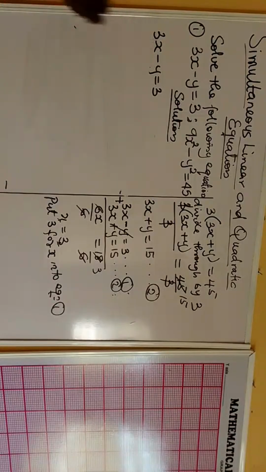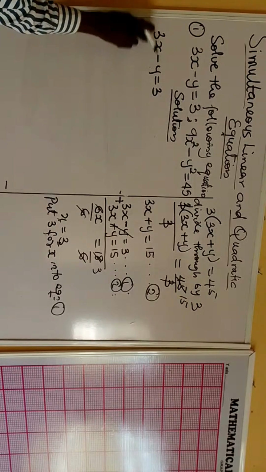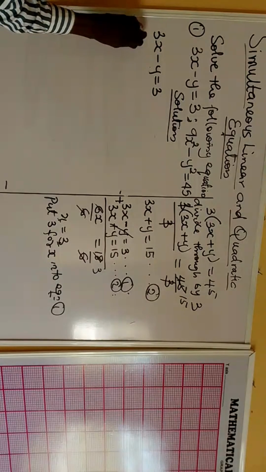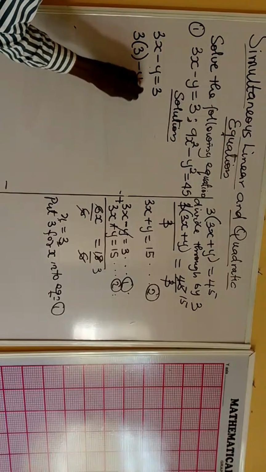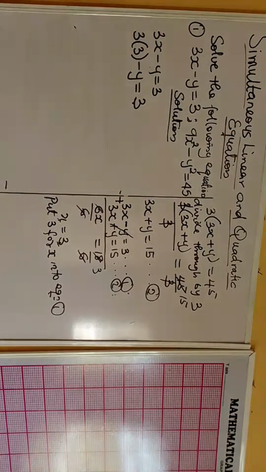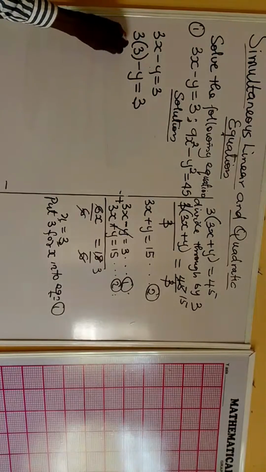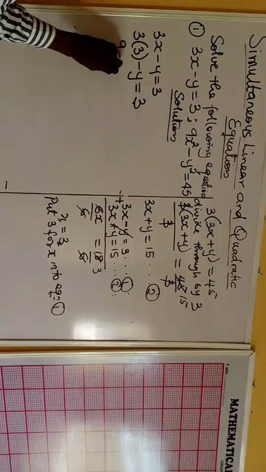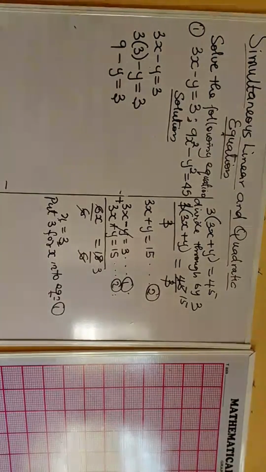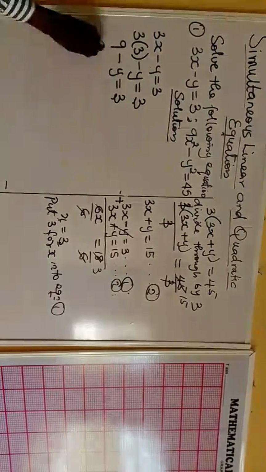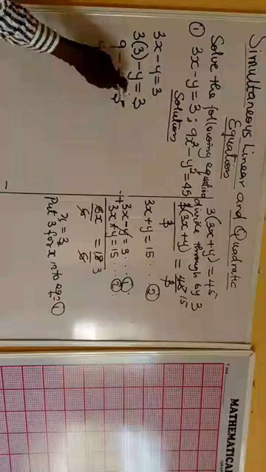So anywhere I see x, I will put 3. Take note, the 3 next to x is a multiplication sign. So 3 times 3 minus y is equal to 3. 3 times 3 is 9. 9 minus y is equal to 3. Collect like terms.